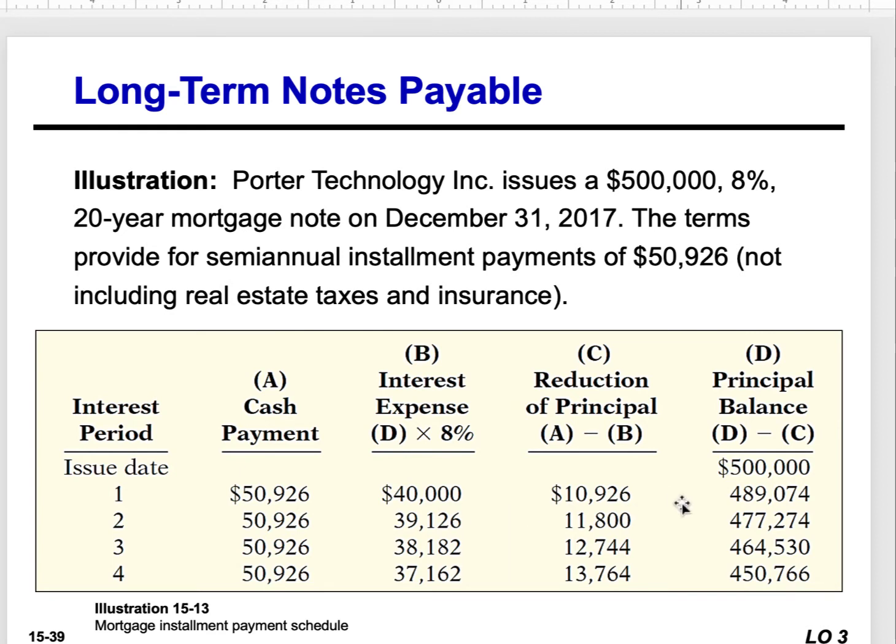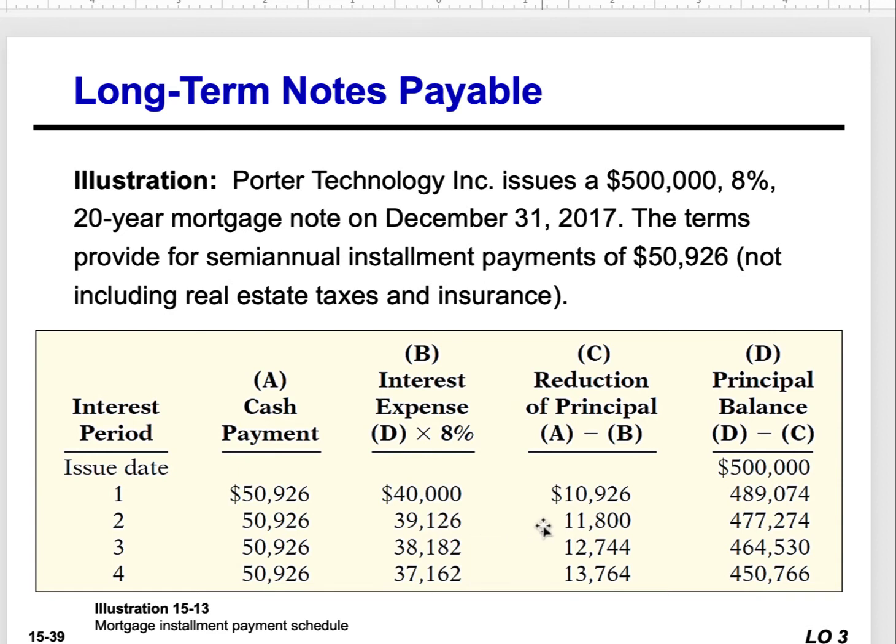We took our principal balance at the time of the second interest period. The beginning balance of the principal amount is $489,074. We multiplied that by the 8%. That's how we got the interest portion of the second payment to equal $39,126.